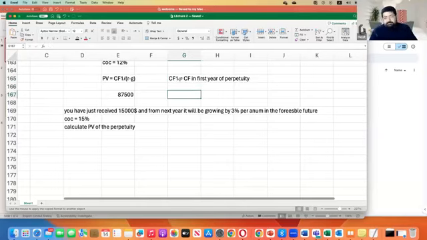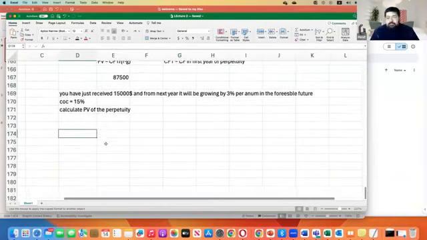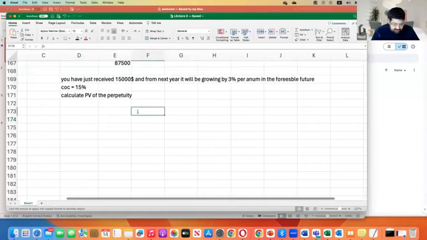So CF1 is equal to CF naught into 1 plus G, the growth rate.